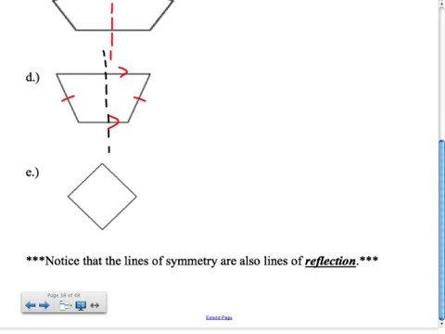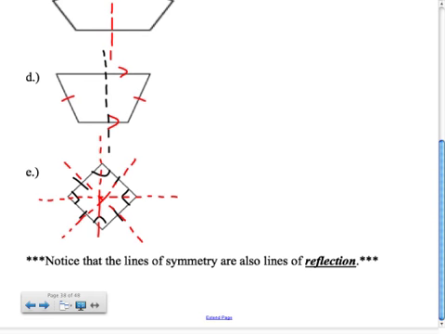And then lastly, let's go ahead and say that this thing is a square. So we'll mark it up like it's a square, and now I look at the lines of symmetry. I could go here. Now with the square, I can go through the diagonals. I can go through these sides, I can go through this diagonal. I think we're good there.